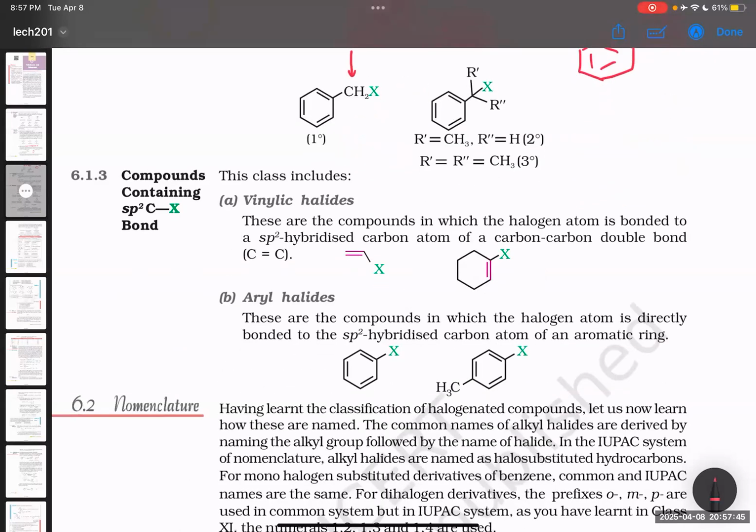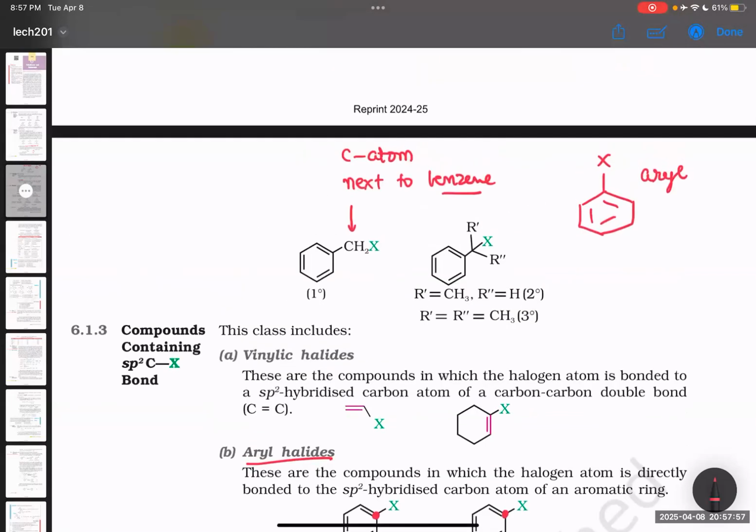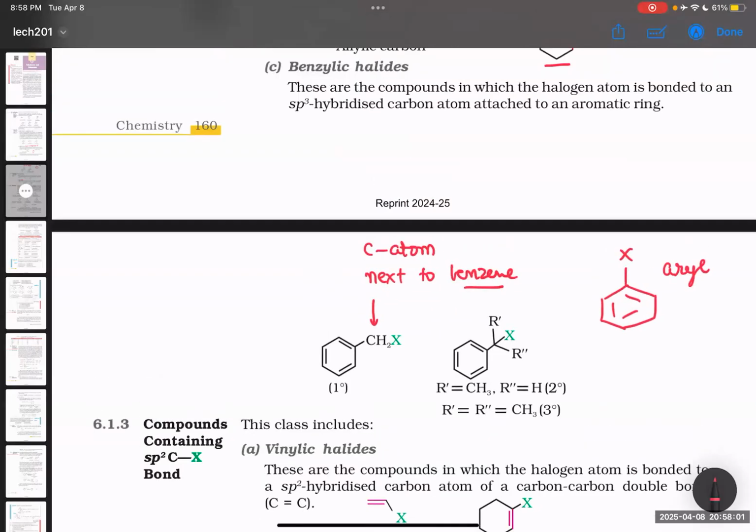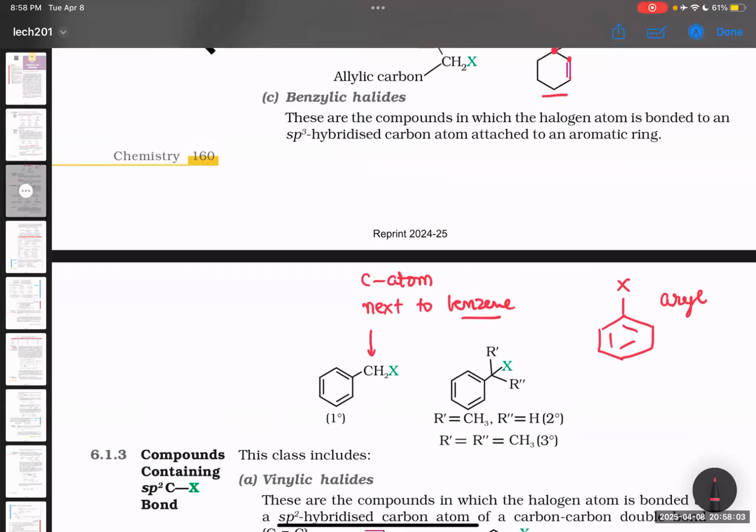We have seen aryl halides, which are directly linked. If there is a carbon outside and the halogen is connected to the carbon next to benzene, that is benzylic. Is that clear? So both of these are benzylic halides.